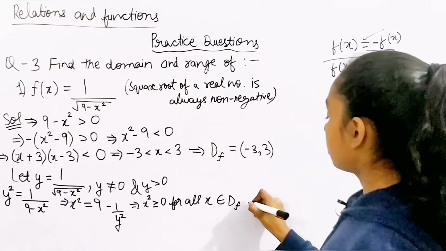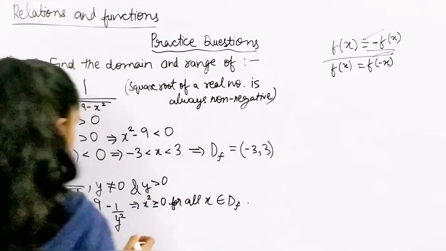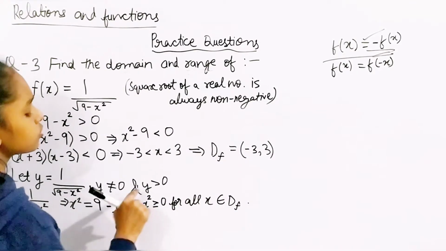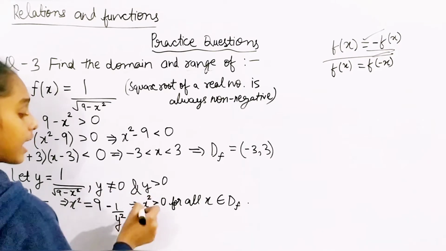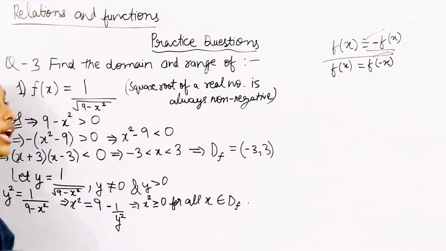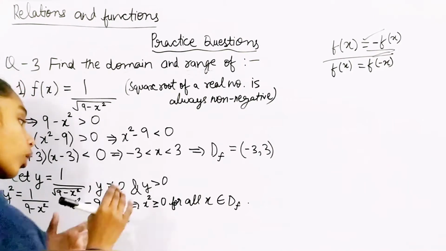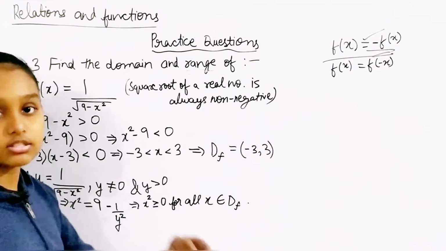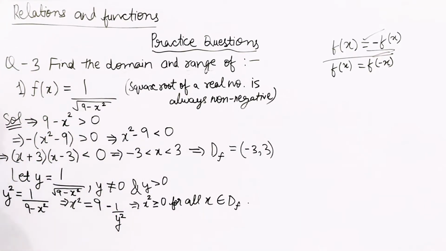Okay, this thing is clear. Now, as we can see, x squared is greater or equal to 0, which means the value of x is either going to be equal to 0 or greater than 0. That's one thing we have got. So what are we waiting for?